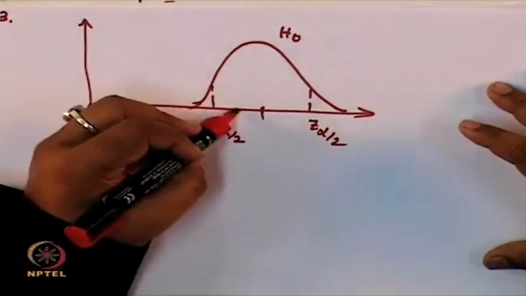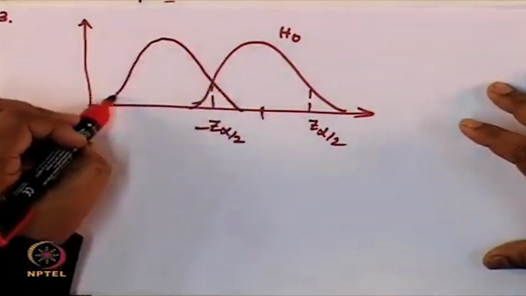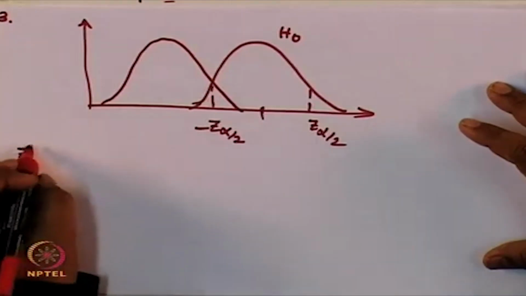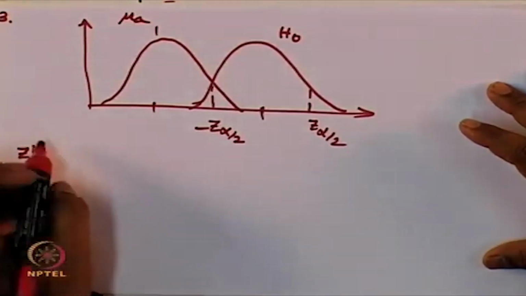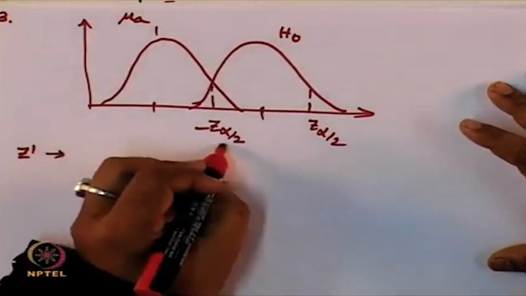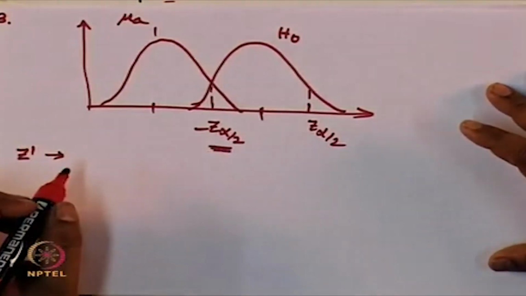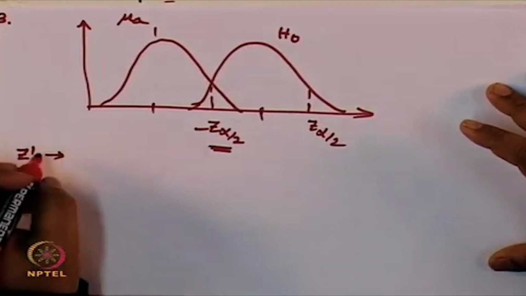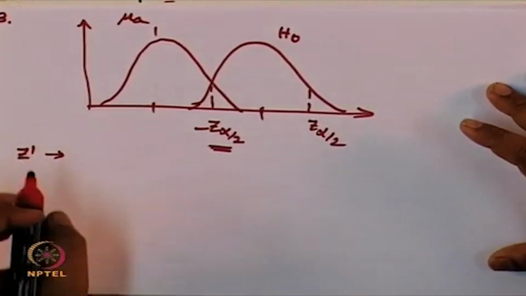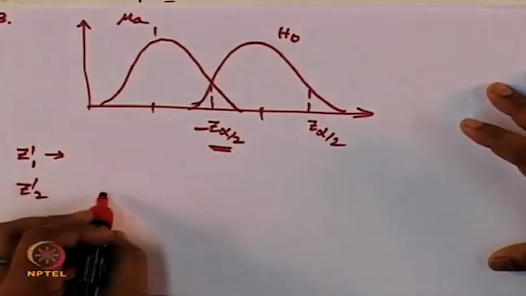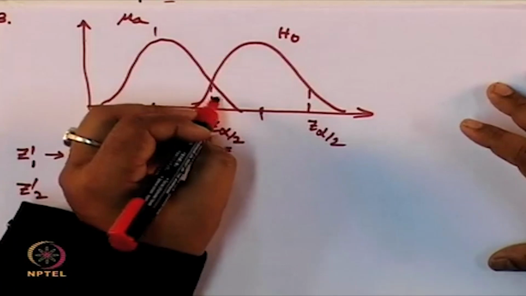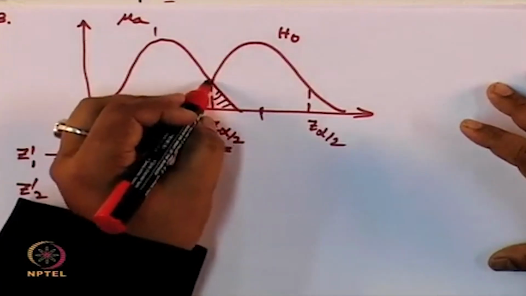Corresponding to these values of z, you have to calculate z prime. So, let us say this corresponds to mu of a. You have to calculate z prime using these values of z of alpha by 2. You will get z prime 1 and z prime 2, and using this you can calculate the area under the curve, which is your beta.